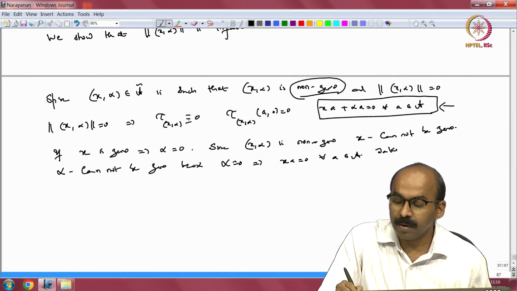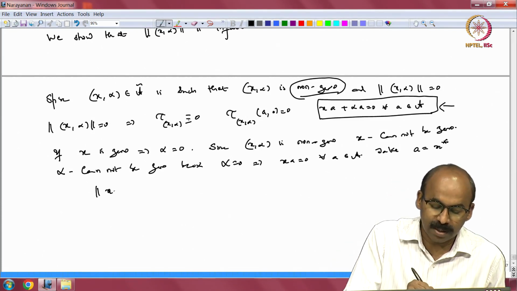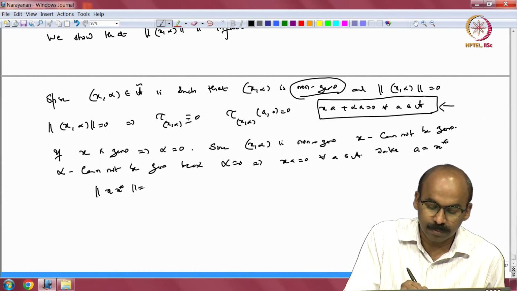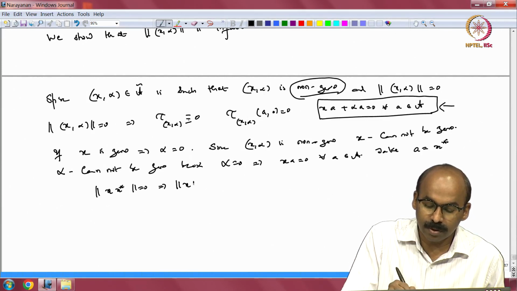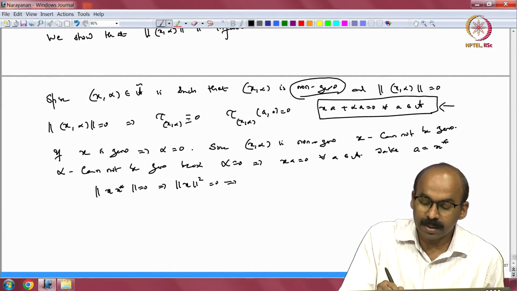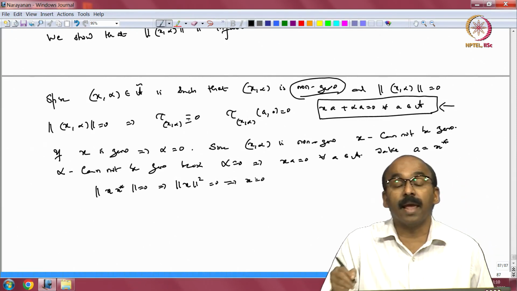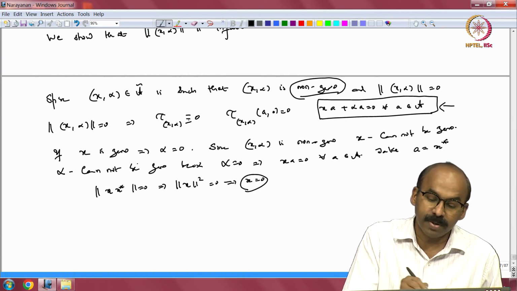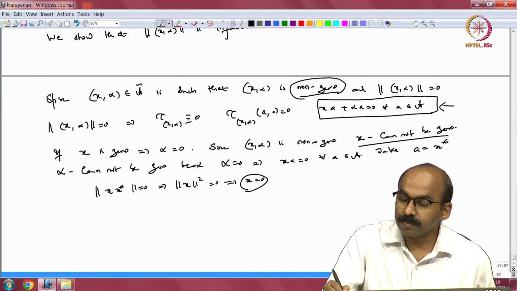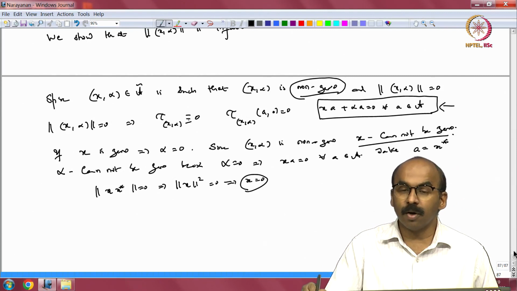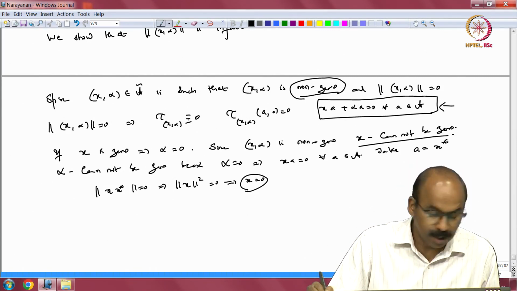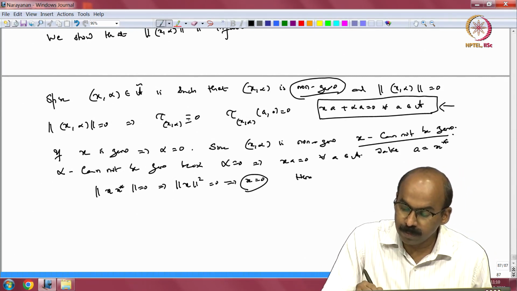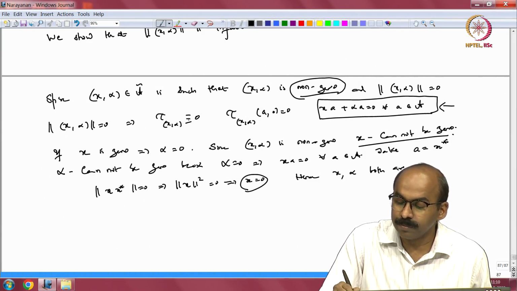So, take a to be equal to x star, we will get norm of x x star is 0, which implies norm x square is 0, which implies x is 0, right, because you are in A and A is a C star algebra, but we know that x cannot be 0. Okay. So, both x and alpha cannot be 0. Okay. So, hence x and alpha both are non-zero.